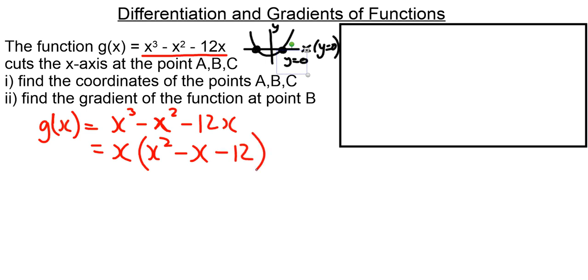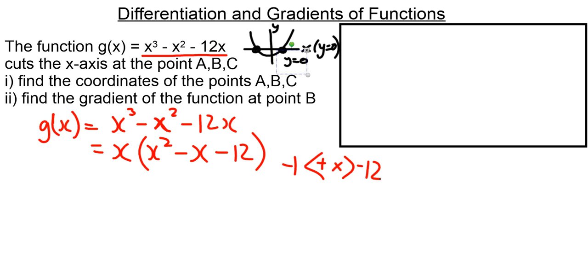And now, what can I do there? Well, I can factorize a little bit further because as soon as I get all the possible factors of that cubic function, I can then find the roots. So in this quadratic, let's look at finding the sum and product to see if we can find the other two factors. So I need to find two numbers that add to minus 1, but multiply to give minus 12.